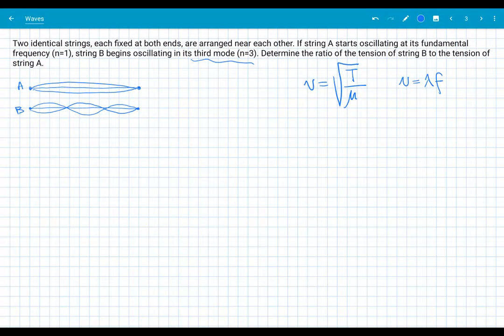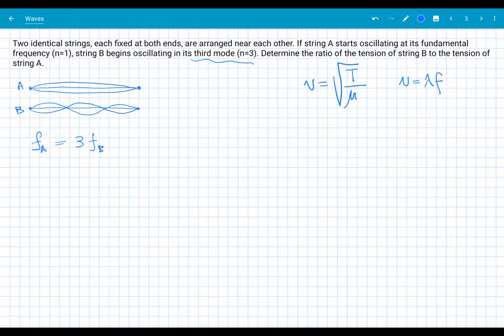So these two frequencies are the same. That means the fundamental frequency of string A equals the third mode of string B, and the third mode of string B is going to be 3 times the fundamental of B.